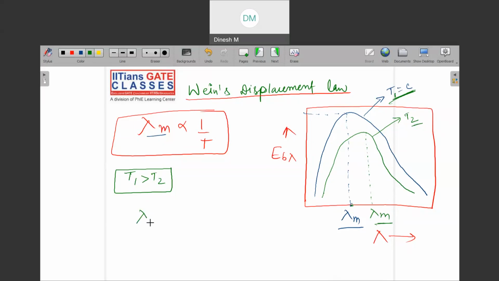Lambda m is the wavelength corresponding to the maximum power.